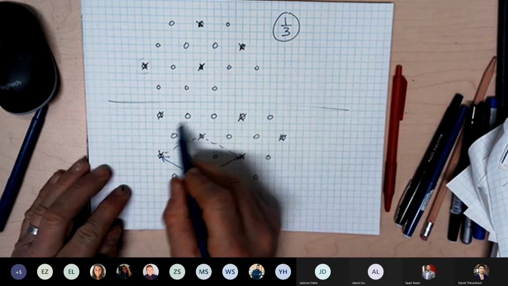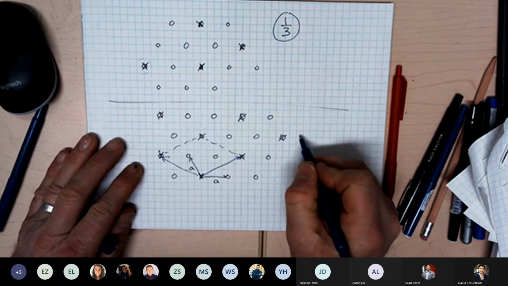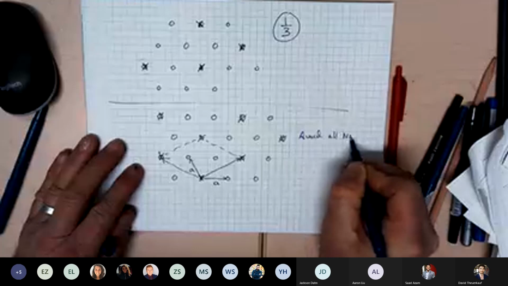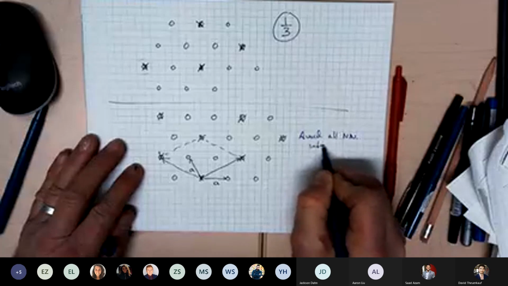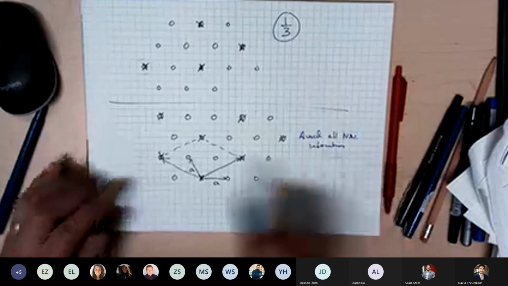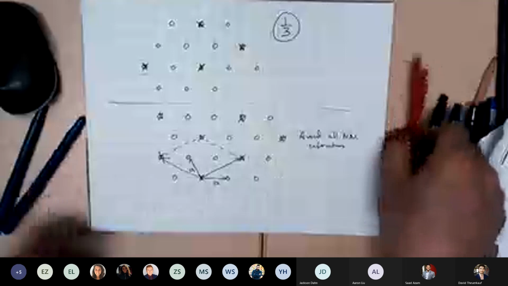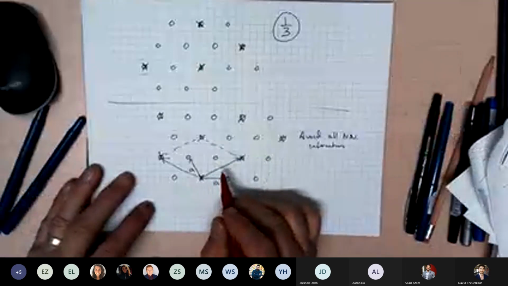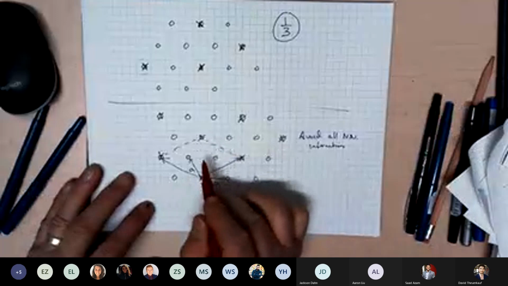So the point is that if you arrange lithiums like this, you can avoid all nearest neighbor interactions. And the problem comes when you add the next lithium atom. If you want to keep adding lithium, at some point you have to put one somewhere.